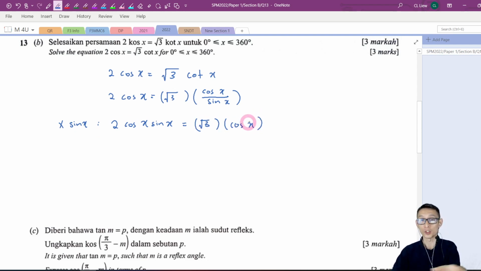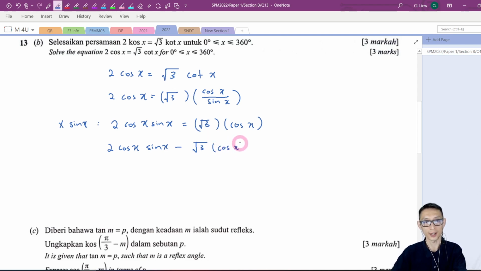I'm going to move this whole thing over here, becoming 2 cosine x times sine x minus square root of 3 times cosine x is equal to 0. Now I have cosine x over here, I have cosine x over here. I'm going to factorize it out. Cosine x, 2 sine x minus square root of 3.